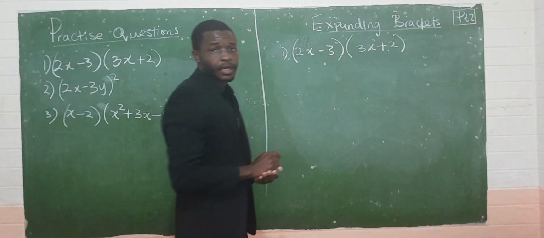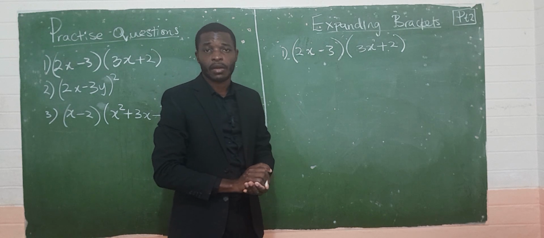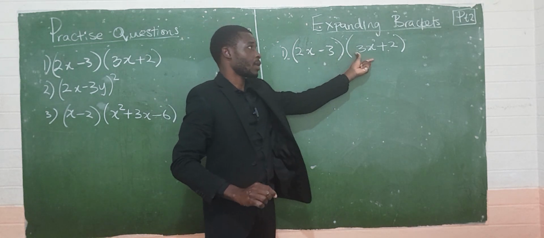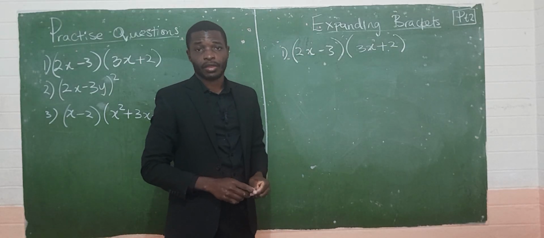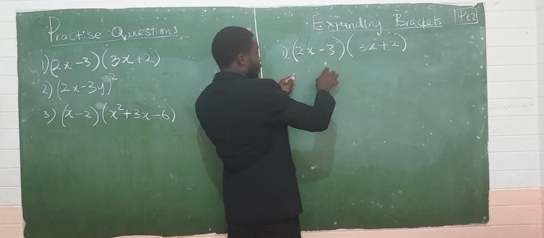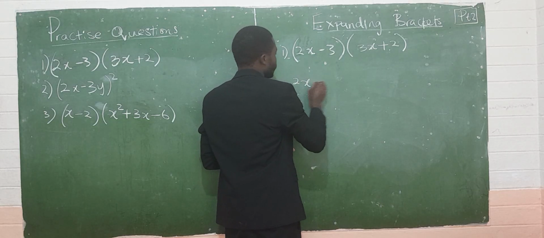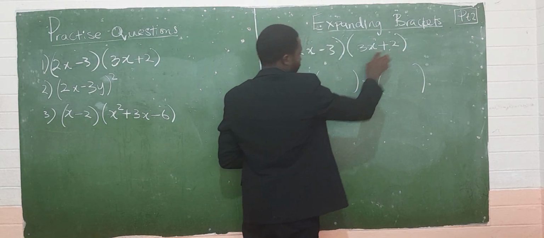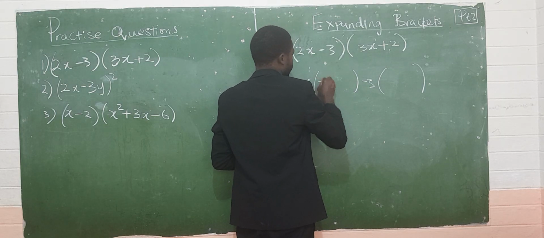is in the bracket. And I have a technique that will assist you to make sure that everything that's here multiplies everything that's here without making an error. And that is to break this bracket and rewrite this bracket.